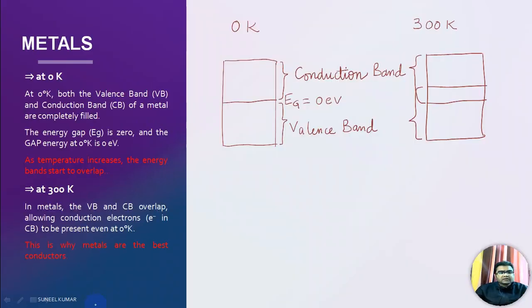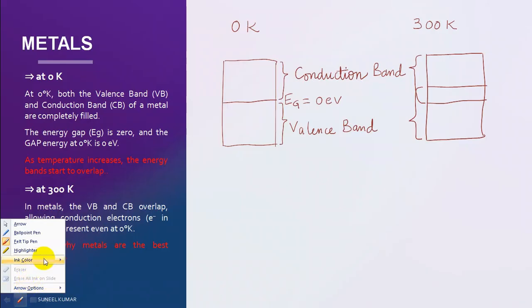First is metal. We will discuss all these materials at 0 Kelvin and at 300 Kelvin. 300 Kelvin is basically the room temperature, which is normally considered as 27 degrees centigrade.